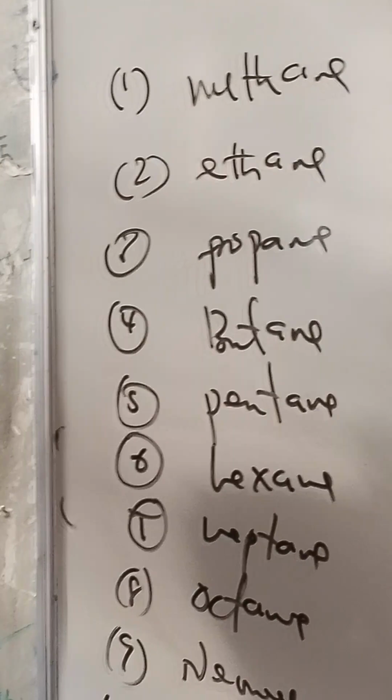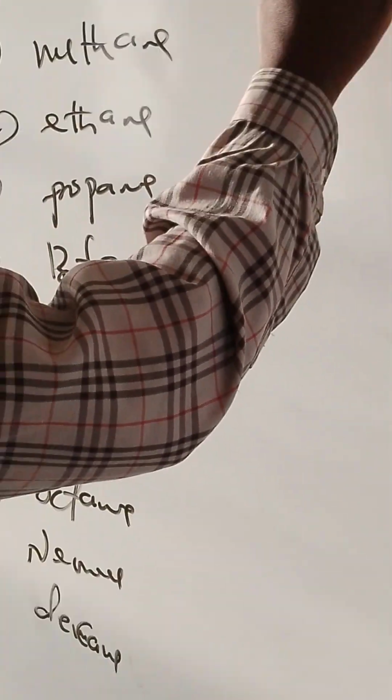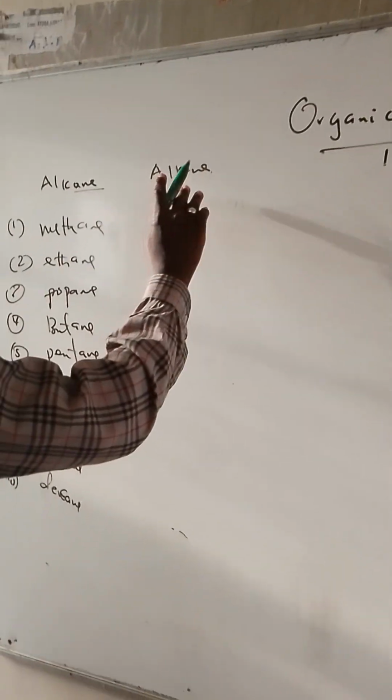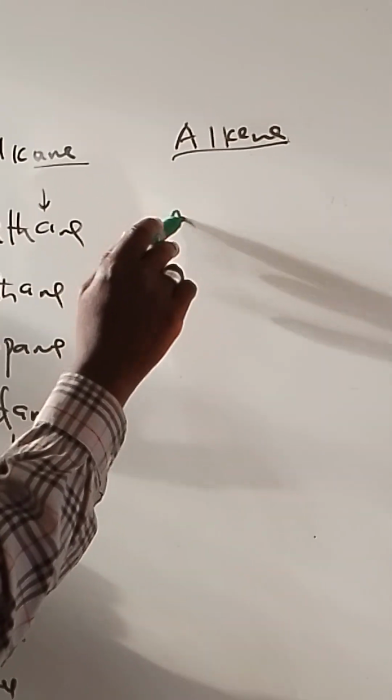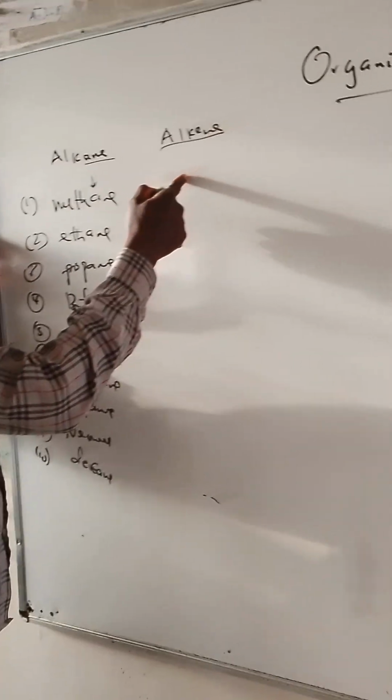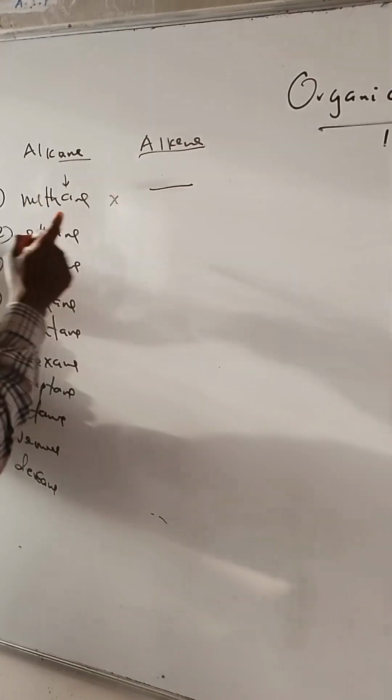So this is for alkane. When we talk about alkene, with E-N-E, you just remove A and replace it with E. But remember, the first member does not exist in alkene. There is no first member, methane.